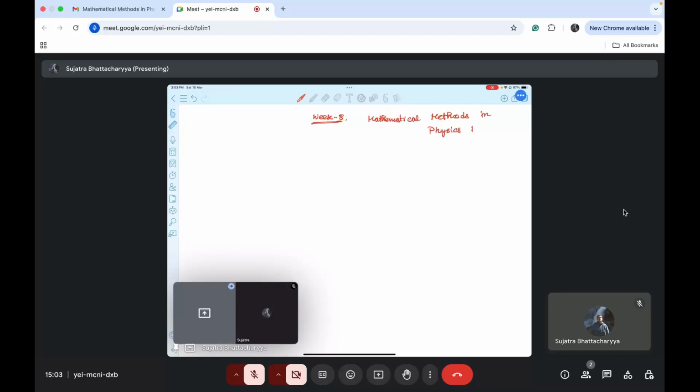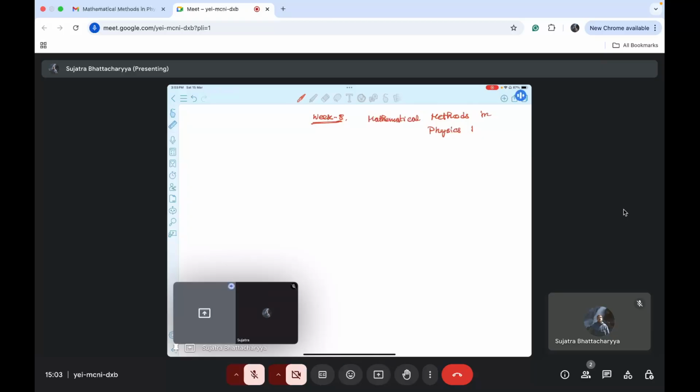So in the last class we were discussing the Laplace transform, and we have not yet seen how this Laplace transform can be used to solve ordinary differential equations. So that we will see today.